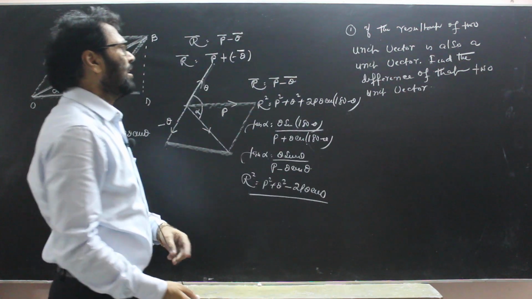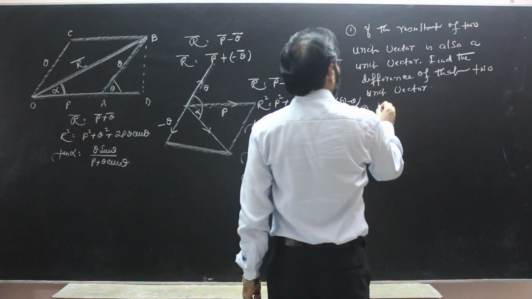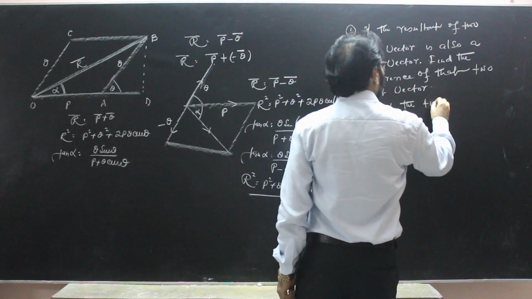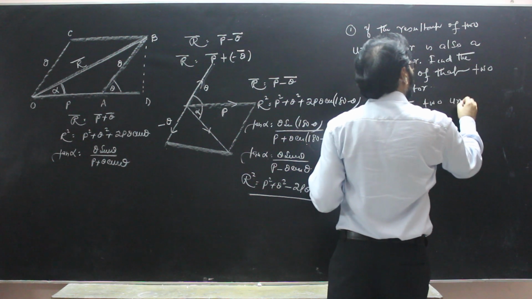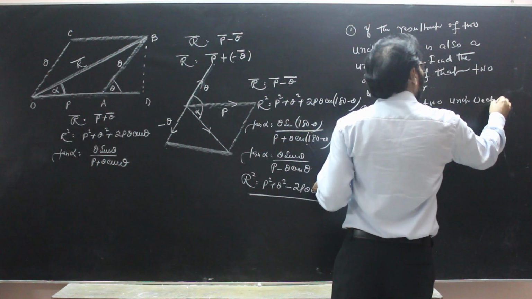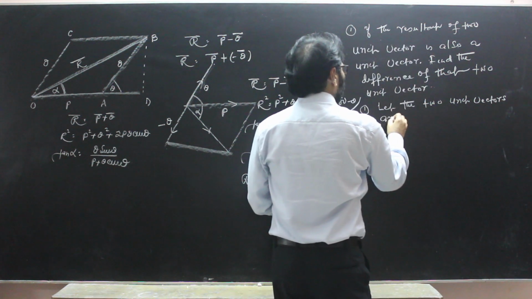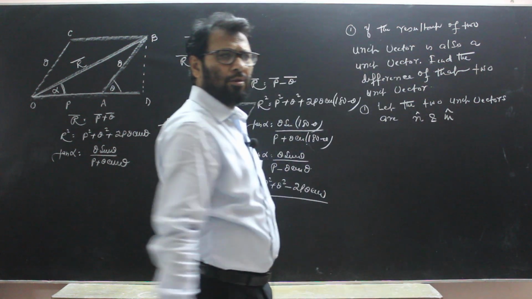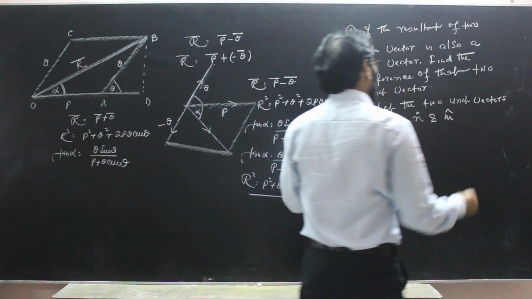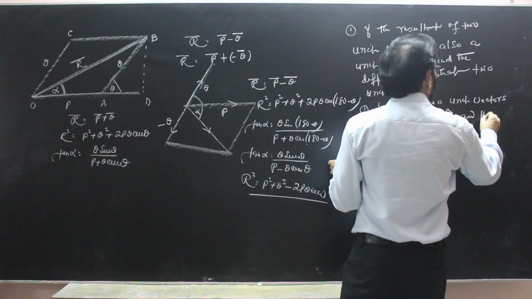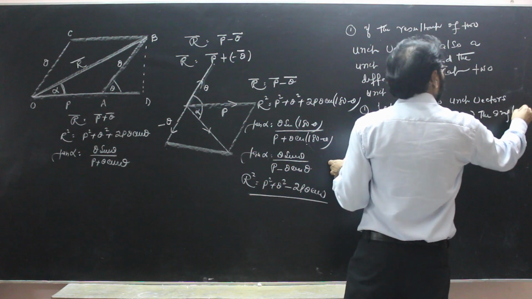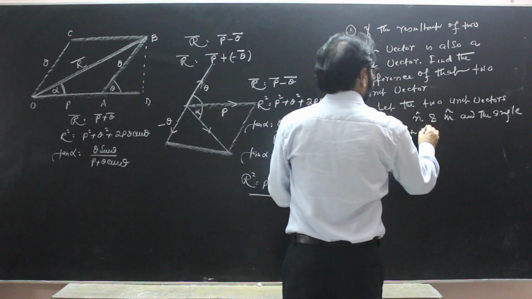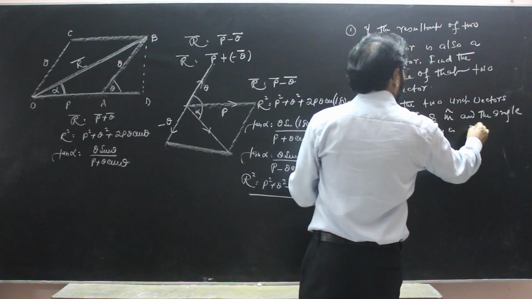So if the resultant of two unit vectors, let the two unit vectors be n and m, and the resultant is also a unit vector. Now the angle between them is theta.